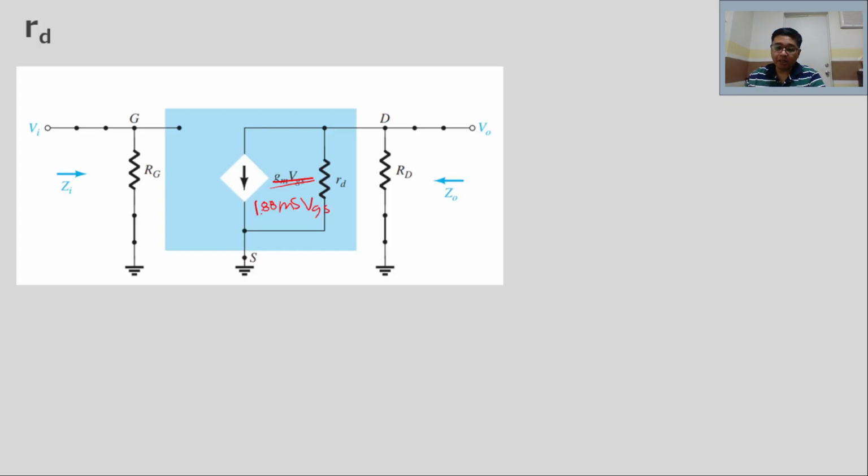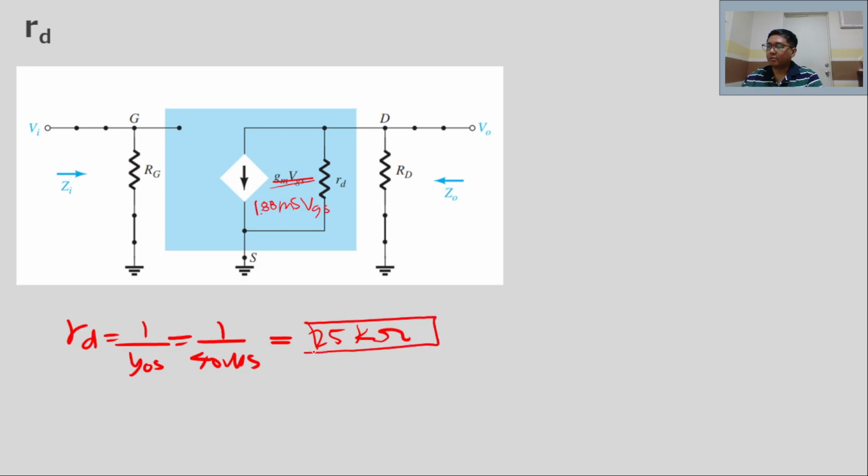Solving for R sub D with a given output admittance of 40 microsiemens, we have R sub D equals 1 over YOS equals 1 over 40 microsiemens equals 25 kilo ohms.